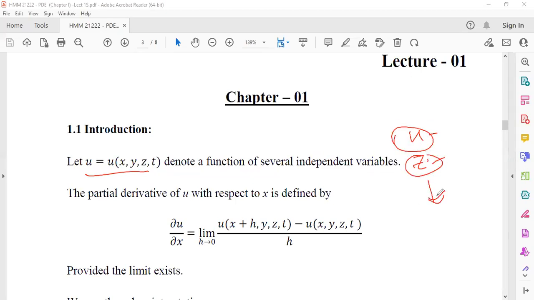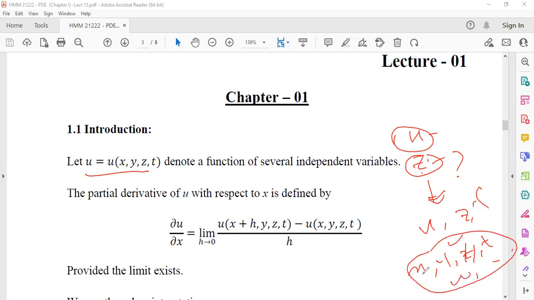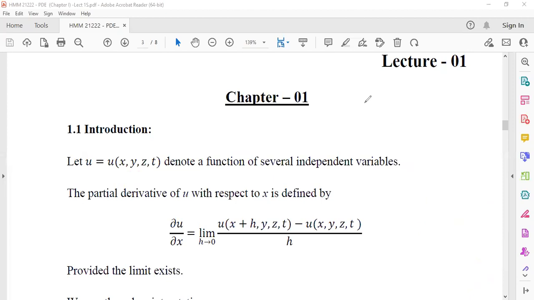It's not always compulsory, but you will see this in exams. They use x, y, z, t for the independent variables. So you have to know how to find the dependent variable and independent variable as well.